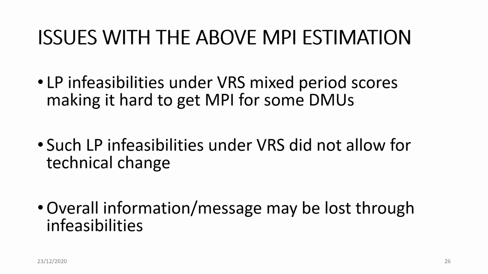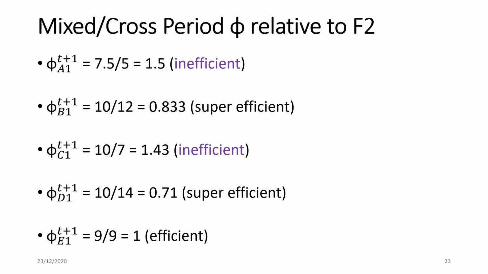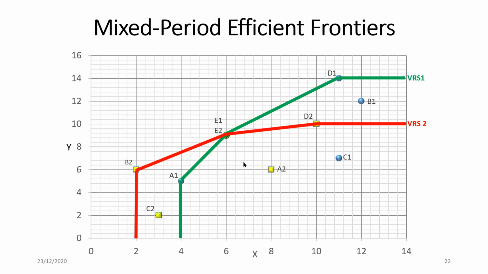You see, I deliberately, let me show you something. I deliberately drew a graph to pinpoint the infeasibility problem. Okay. So when you are drawing the graph, I deliberately put some DMUs here, like C2 and B2. I could have put another DMU, looking at the graph, I could have put another DMU F1, F2 here.